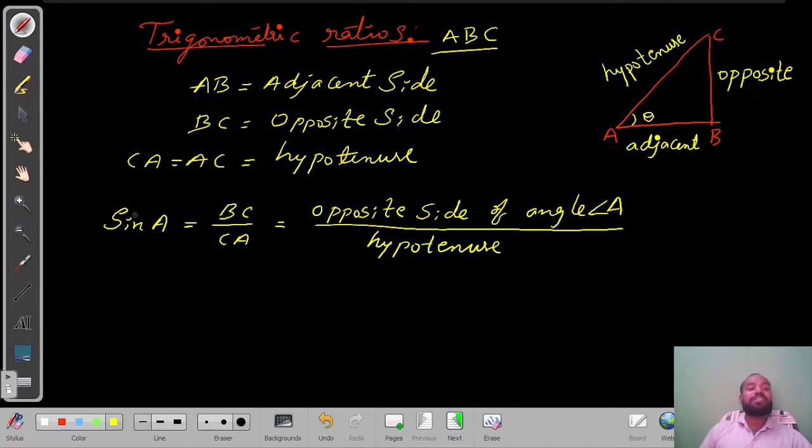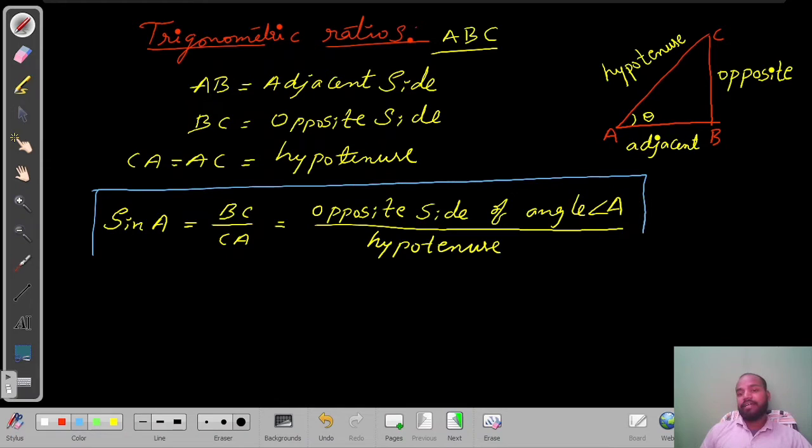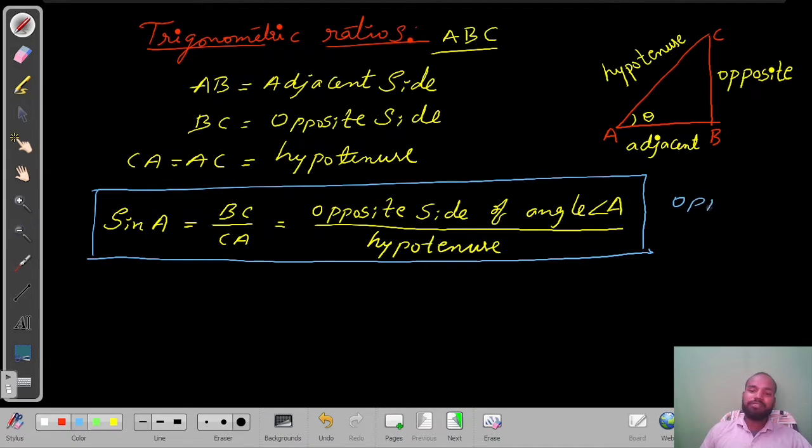So this is your sine A formula. Remember clearly. You should remember it through the entire chapter. What is sine A? If someone asks you, what will you answer? Sine A is nothing but opposite side by hypotenuse. Simply we can write it as opposite by hypotenuse.